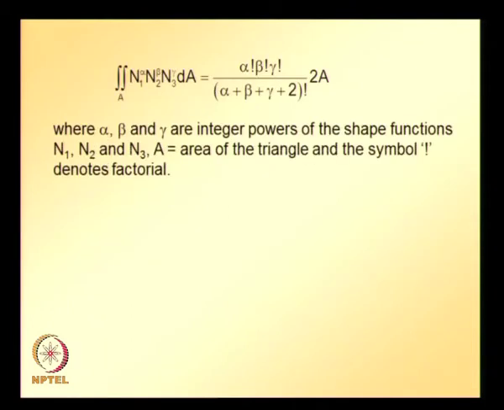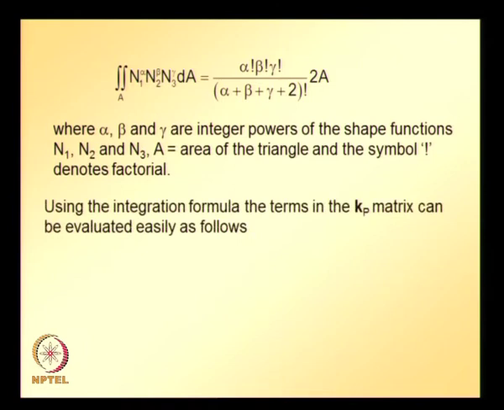Applying this formula, all the parameters in it are defined: alpha, beta, gamma, n1, n2, n3 are the 3 shape functions of the linear triangle element, A is the area of the triangle, and the exclamation symbol is for factorial. Using the integration formula, the terms in the Kp matrix can be evaluated like this.